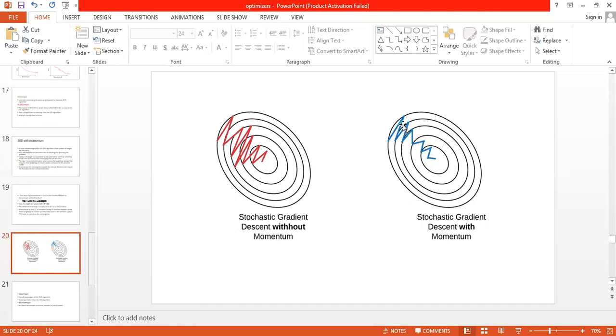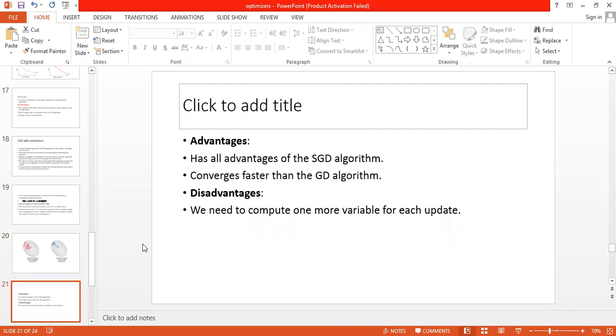You can compare SGD with momentum to throwing a ball down a sloping hill, where it goes faster and faster in the direction of the slope. So that is the example you can take here. Now, what are the advantages?